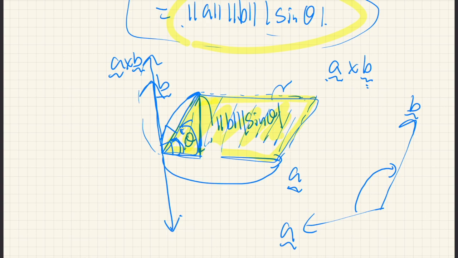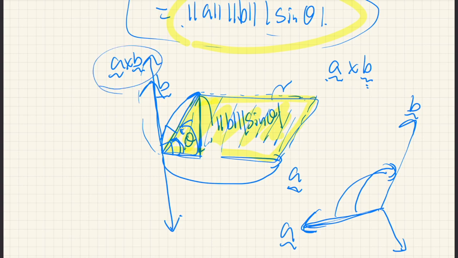First A, then B. So first we point with our right hand, pointing finger in this direction, and move this finger to this direction. Then the direction where the thumb is pointing will be the direction of A cross B.